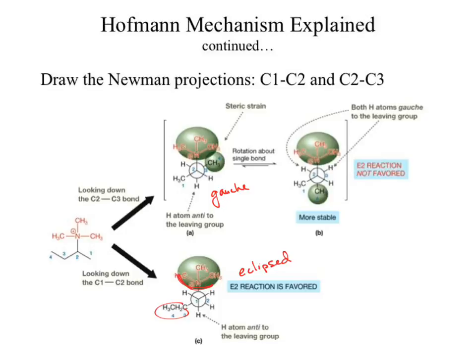The eclipsed one or the gauche one? Eclipsed. Well, if that one forms, where's our elimination most likely to occur from? The one that forms, and we end up forming our double bond at the terminal position, or our least sterically hindered product. This slide is quite literally straight out of the textbook.